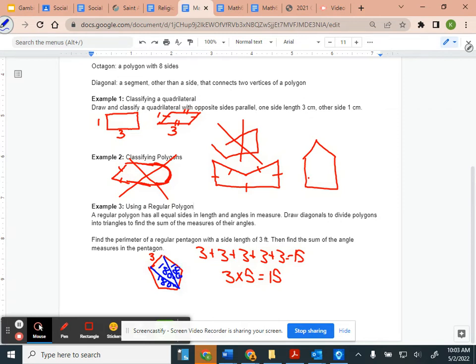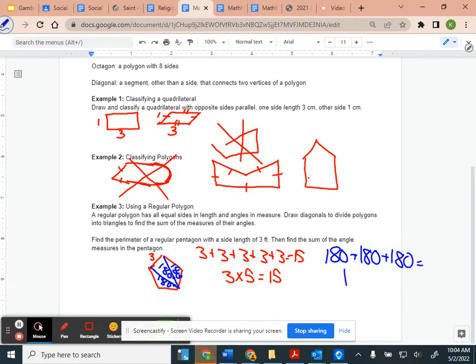So how many degrees is my whole pentagon? What math are we going to do, Josie? I would add them all up. I could say 180 plus 180 plus 180. What else could I do?